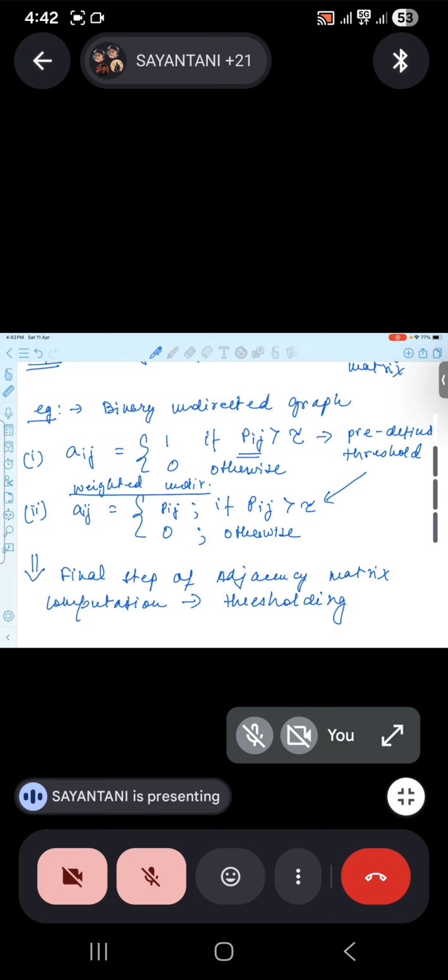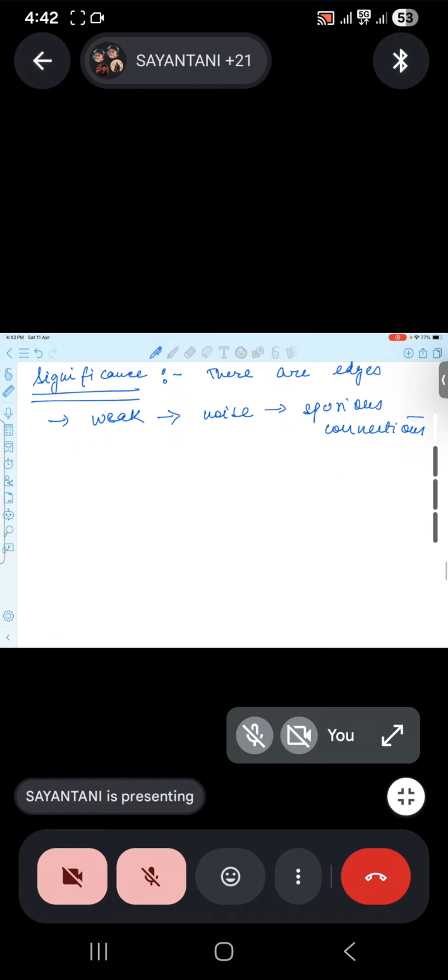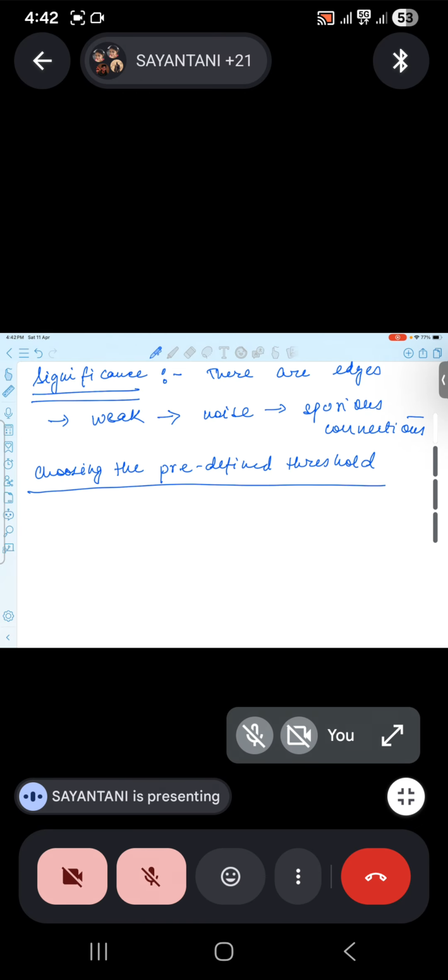Now the next question is, fine, we are going to perform thresholding, we understand its significance, but how to choose the value of the predefined threshold? Choosing the predefined threshold depends on the cognitive task performed.